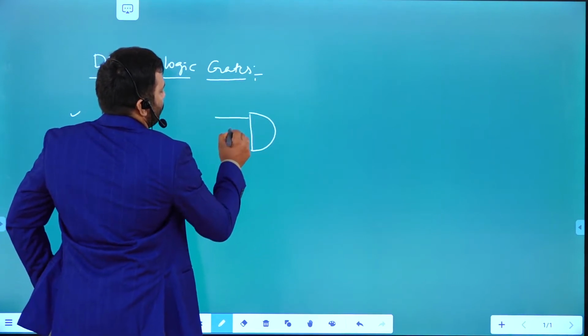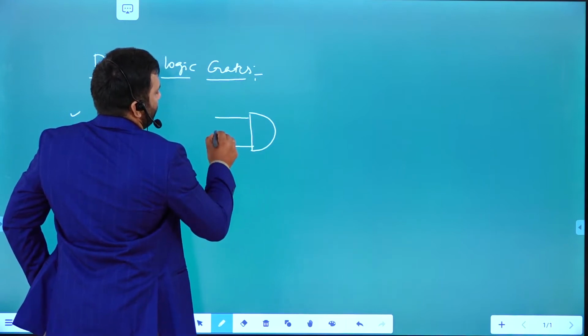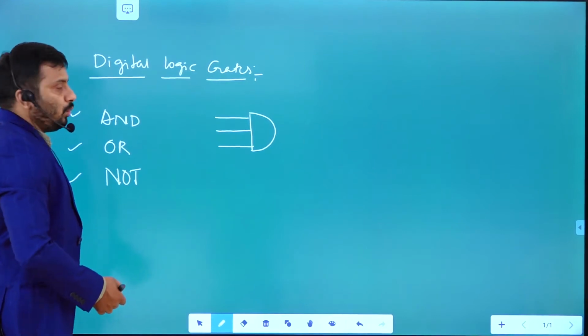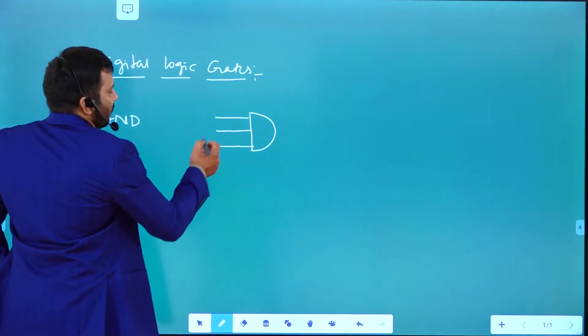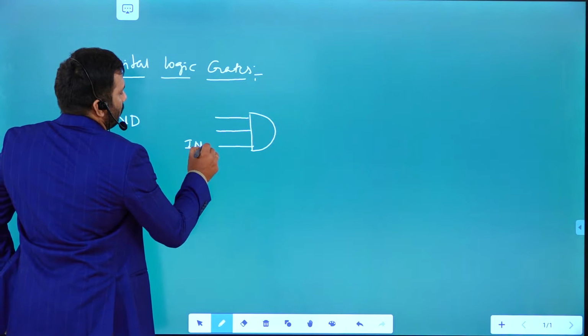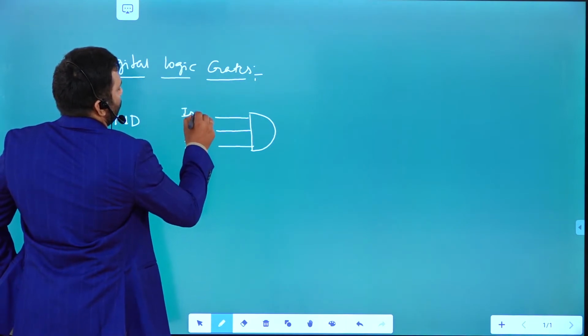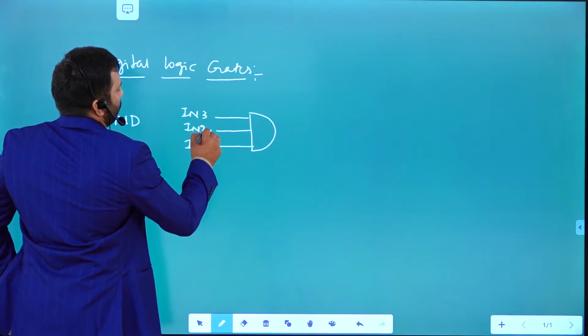Depending upon the inputs, there may be 1, 2 or more than 2 input gates. This is the first input, input 1, input 2, input 3.